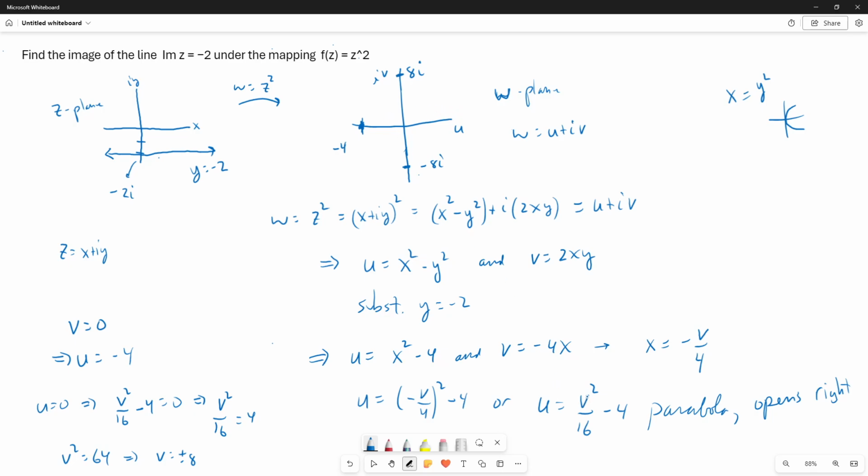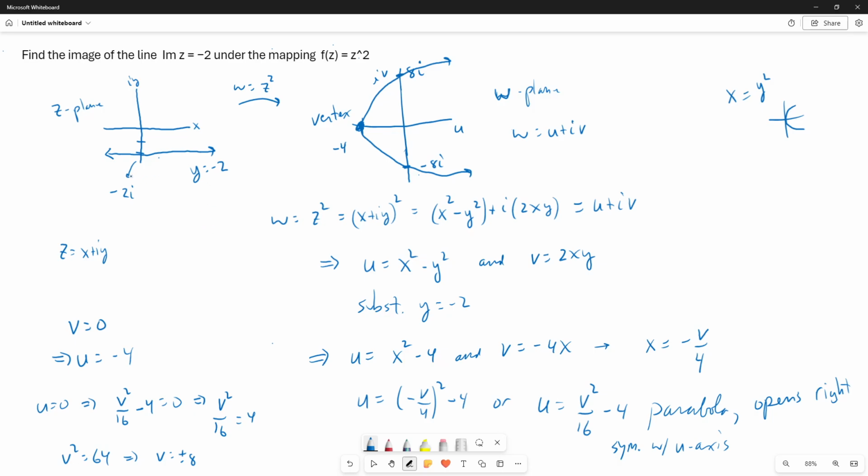A positive or a negative v leads to the same thing, so it's a parabola that opens right that is symmetric with respect to the u-axis. So this is the vertex here, and the parabola goes like this. So the image of this line is this parabola.